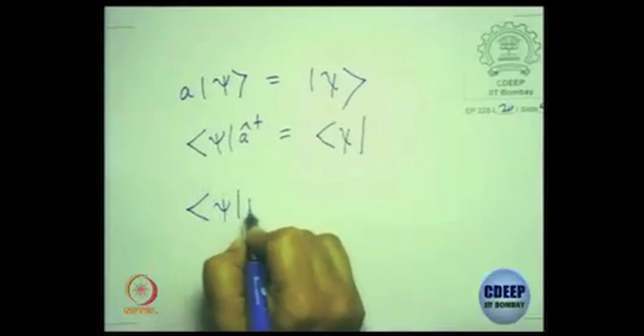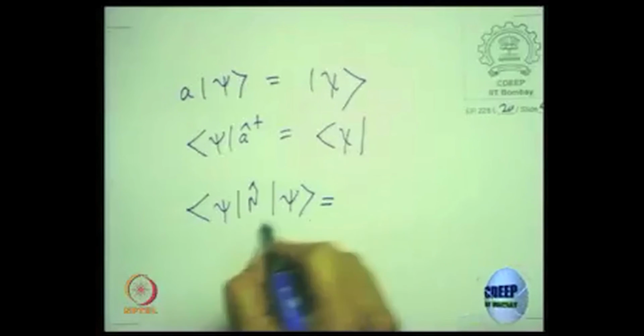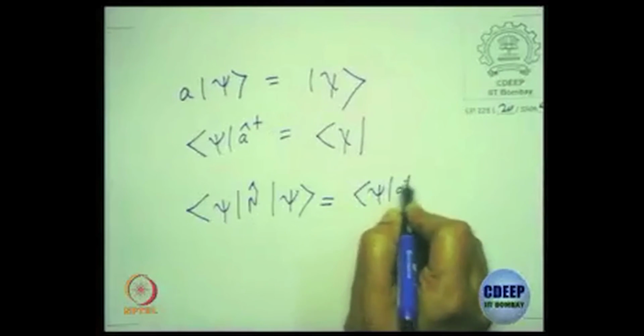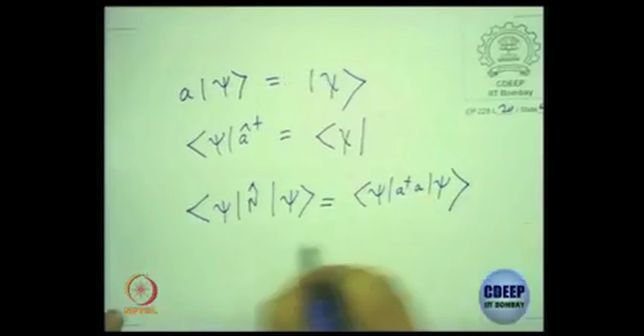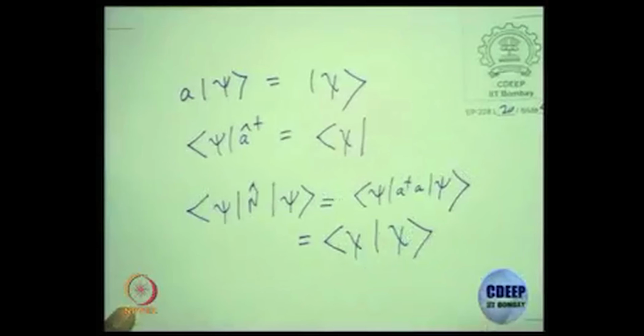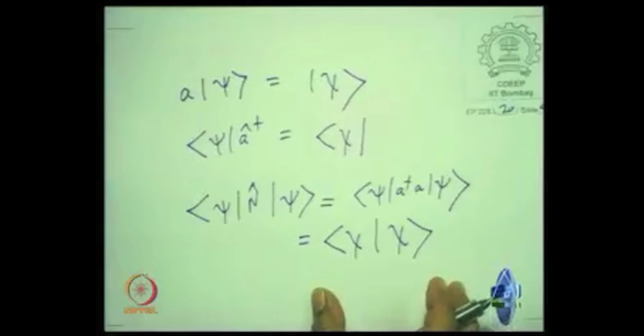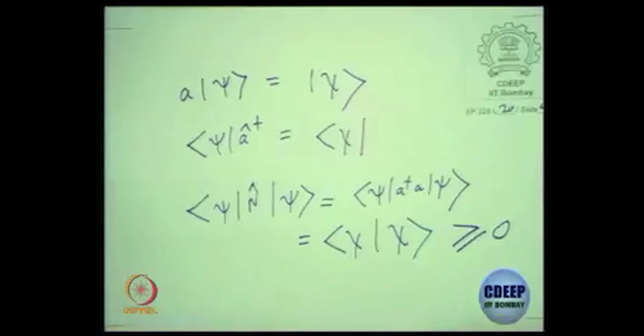So psi with the number operator on psi is nothing but psi A dagger A on psi, which is nothing but chi with chi, and this is a norm. Norm can be positive or at most it can be 0 for a null vector. So this indirectly tells me that the expectation value of the number operator in any state cannot become negative.